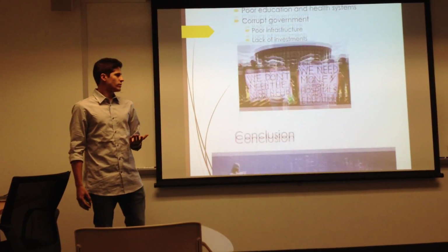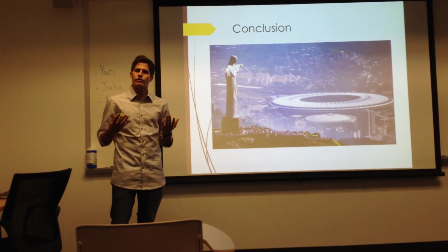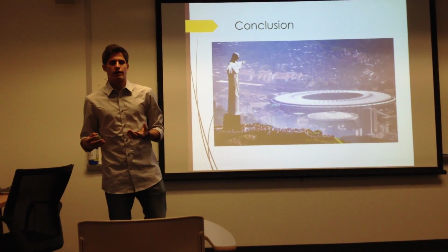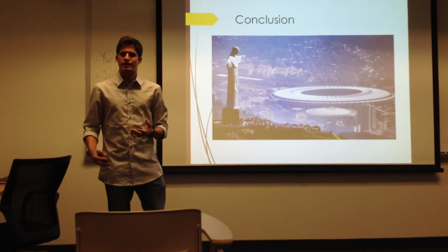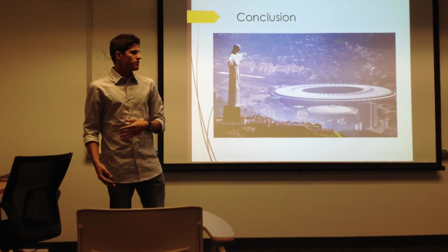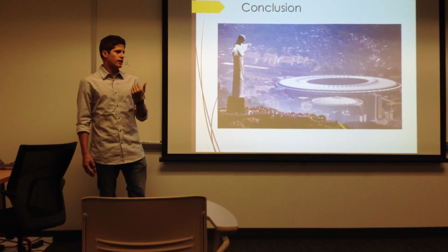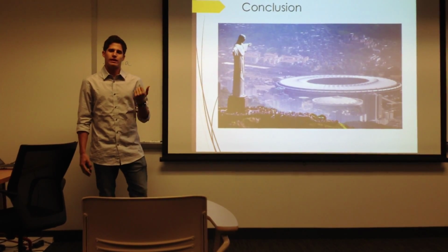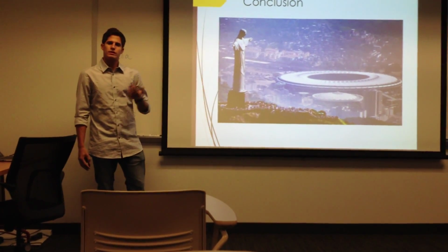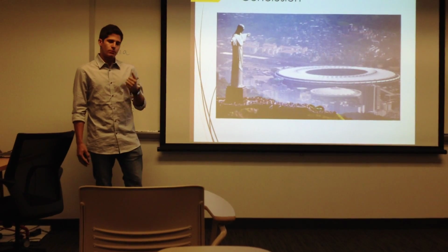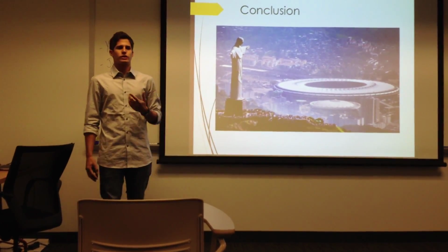Now I would like to conclude my presentation saying that today I present to you two types of construction, in which we saw the industrialized construction method has a higher cost benefit, but problems related to the construction industry, such as lack of professional guidelines and lack of technology, and problems related to the socio-economic issues, such as poor education and corruption, all negatively impact the construction industry.